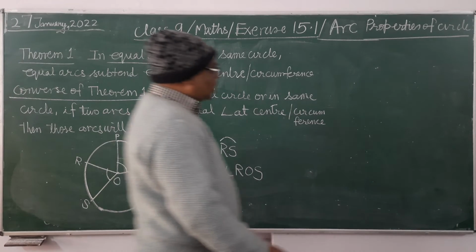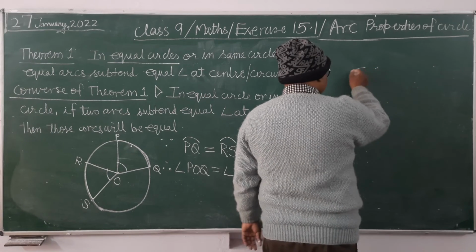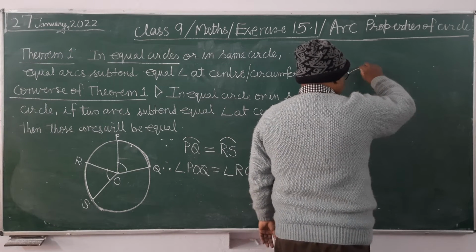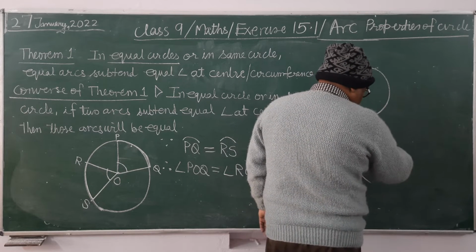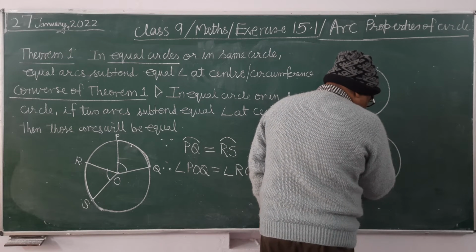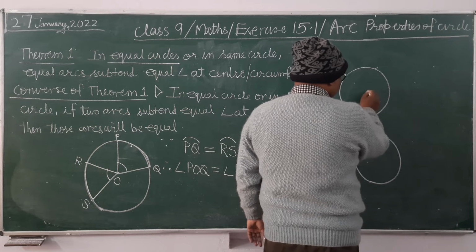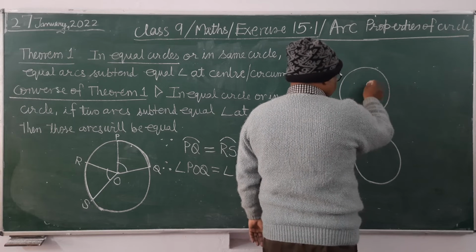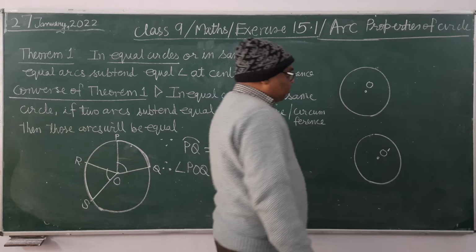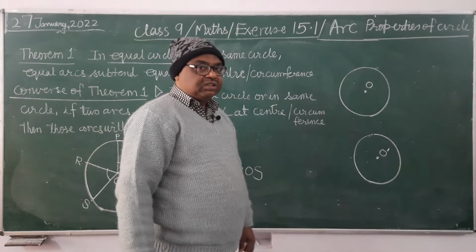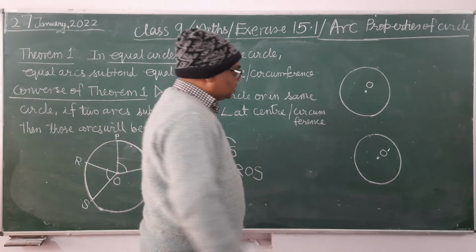Now suppose these are two circles having equal radius. Its center is O, the other center is O dash. They have equal radius, which means they are equal in size.